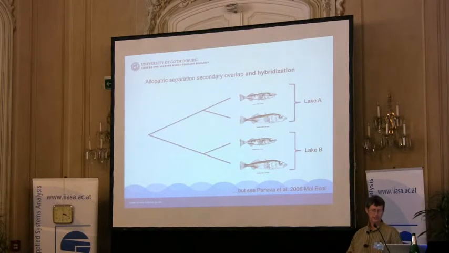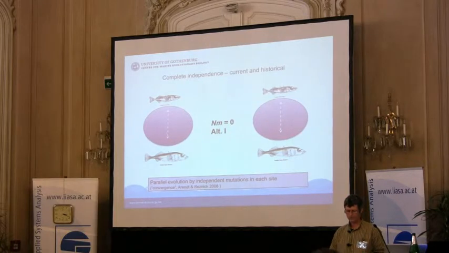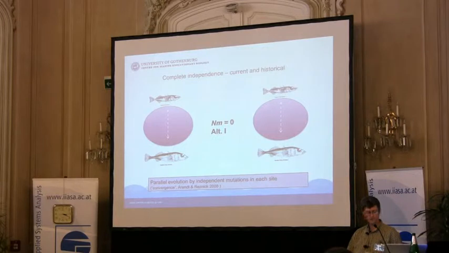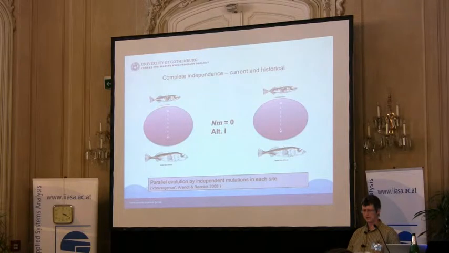But I will take this a bit further and consider what is the problem with parallel evolution, and how to be really sure that you have parallel evolution, or whether you have something else. Of course, first think about the very simple scenario where we have completely independent sites, two lakes that have no gene flow whatsoever between them.